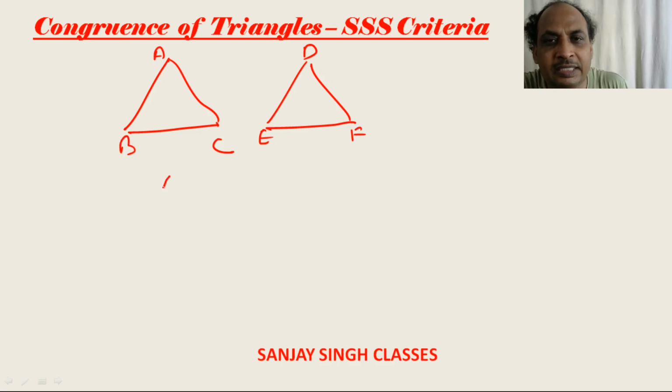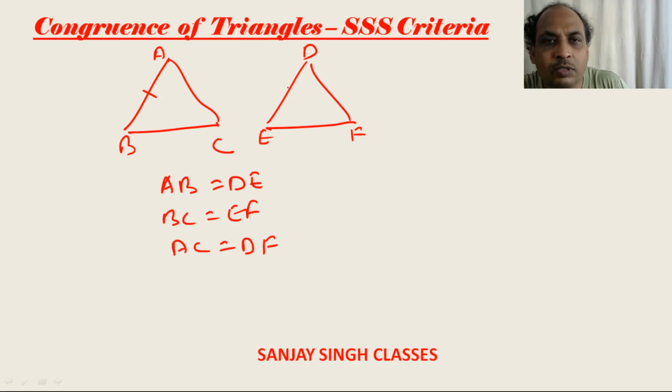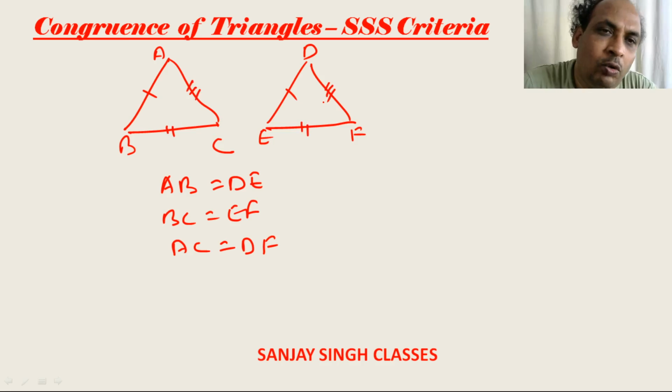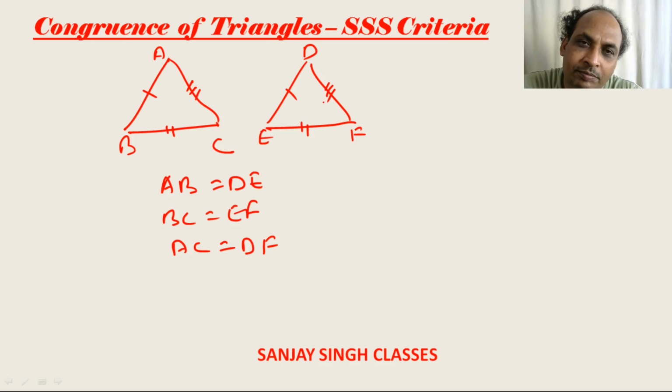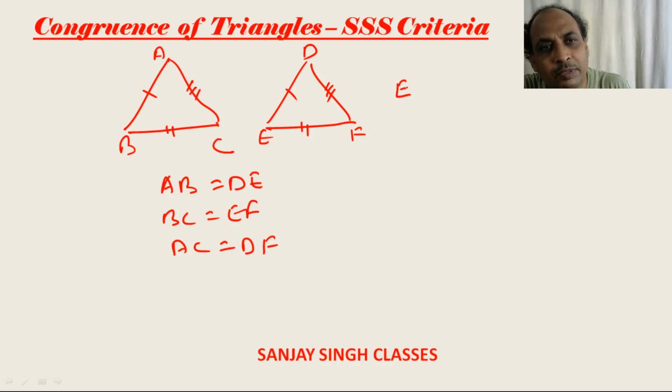In this, corresponding sides are equal. This is equal to this one, this will be equal to this one. So here no angle is being given to us. The sides are given as equal. Does that make it an equilateral triangle?